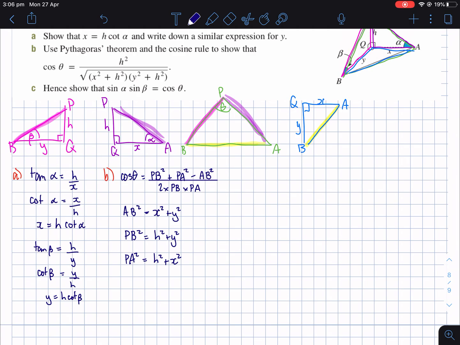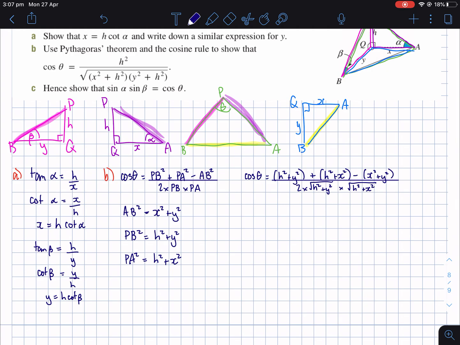So then I've got cos theta equals, I'll put them in brackets, h squared plus y squared, and that's already PB squared, plus PA squared, which was h squared plus x squared, minus AB squared, which is x squared plus y squared, all over 2 times PB, which would have been the square root of h squared plus y squared, times the square root of h squared plus x squared.